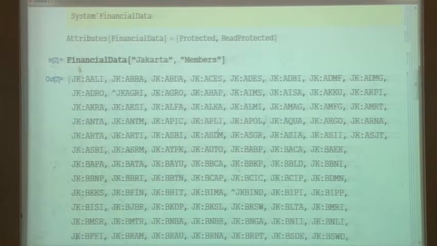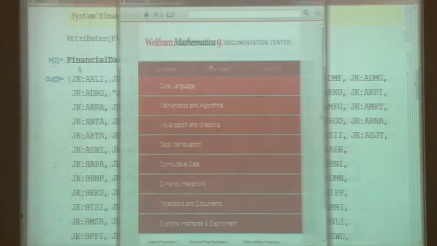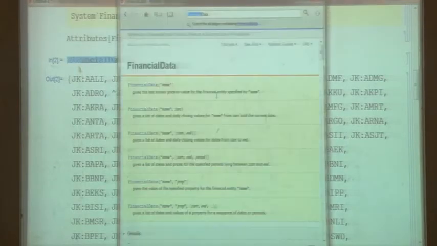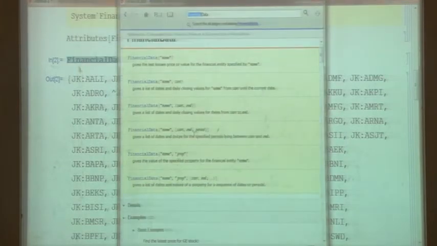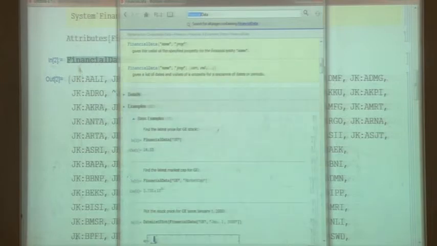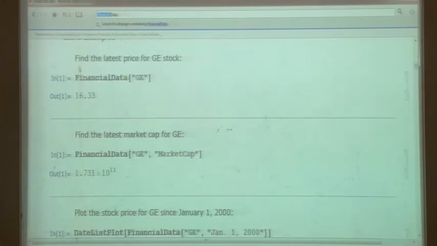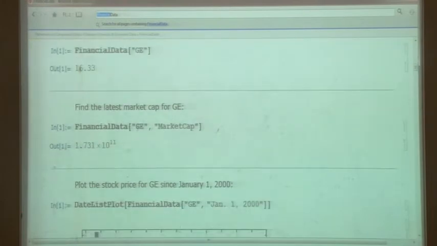Okay. No worries. Let's go to help. Sorry, let me just go financial data help here. So you see, I'm gonna have GE, for example. Sorry, let me make this bigger, because this is part of the learning process in Mathematica. So you can see that I got GE, and I can ask market cap.